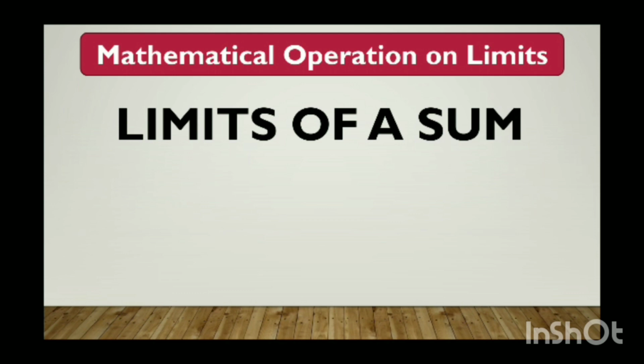Remember I said the limit of a sum is the sum of the limits. So what if you have the first function f of x, and the limit of f of x is a certain L, and the limit of g of x is positive infinity. Let me represent this on a table so that I give you all the possible outcomes.